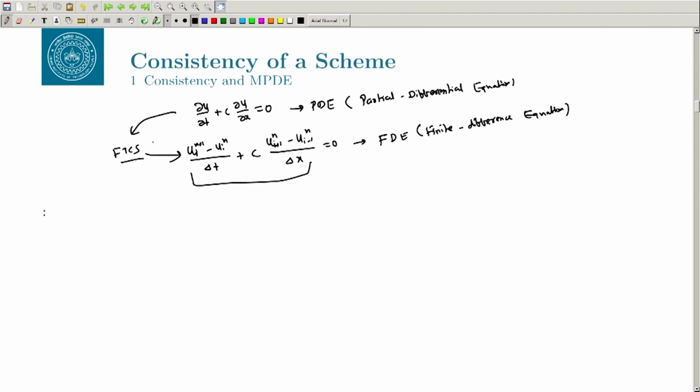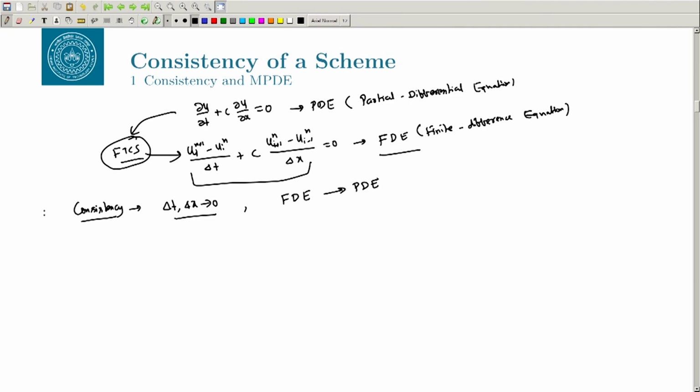You apply the FTCS scheme, our numerical scheme, to the PDE that we want to solve, and what we get is a finite difference equation, right. So, the consistency of the scheme says that as delta t and delta x go to 0, your finite difference equation should lead to the partial differential equation, right.